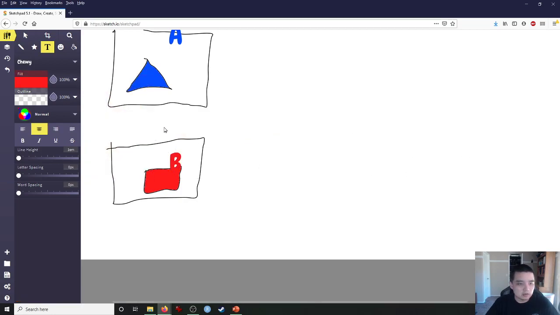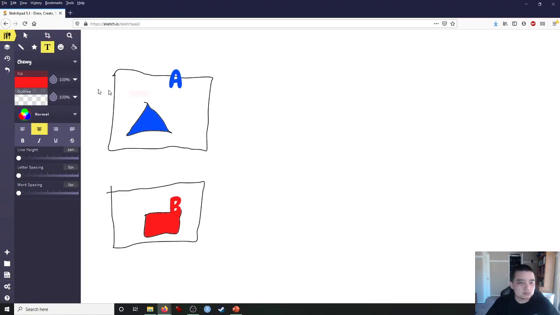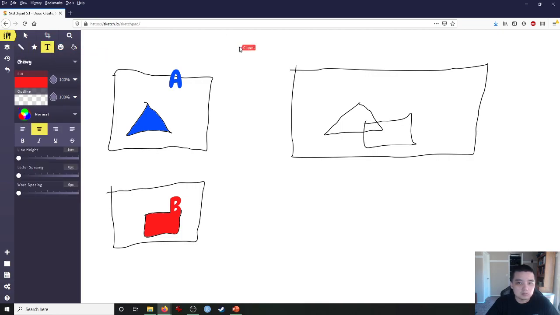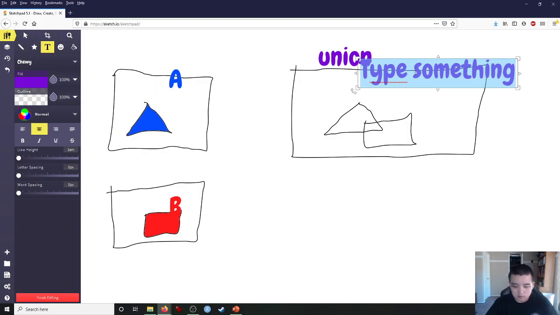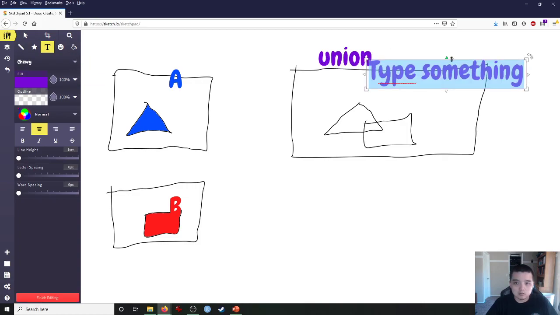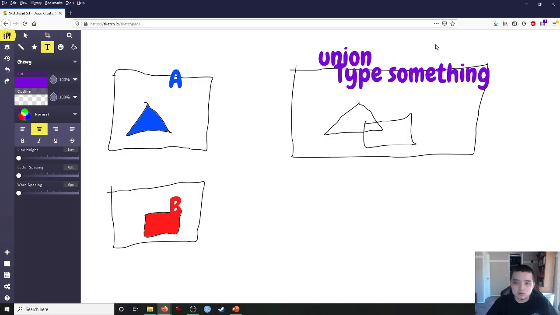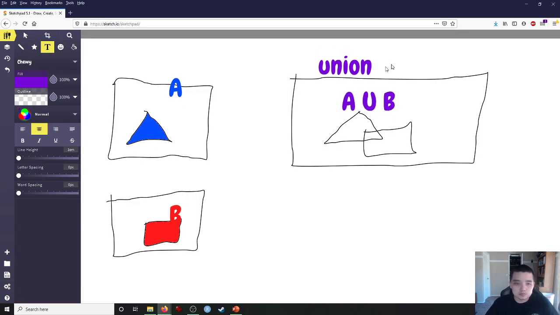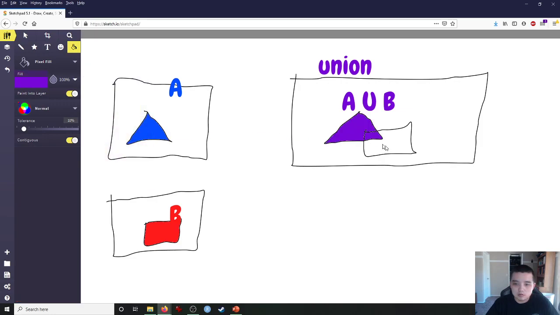So we have our sets A and B. The union would be these here.